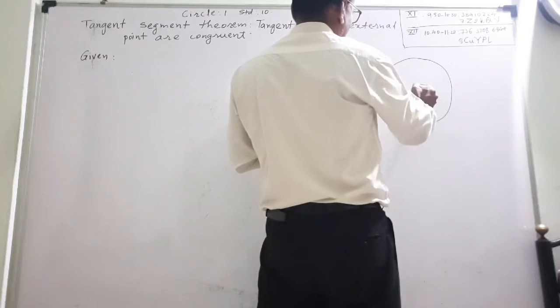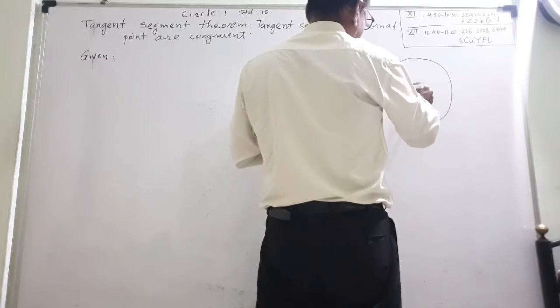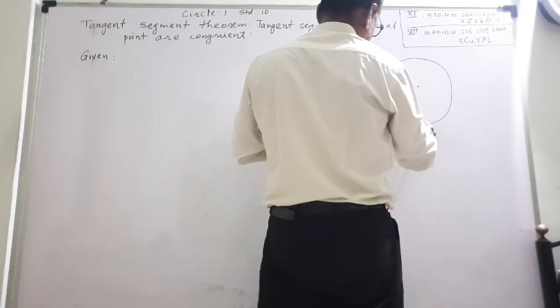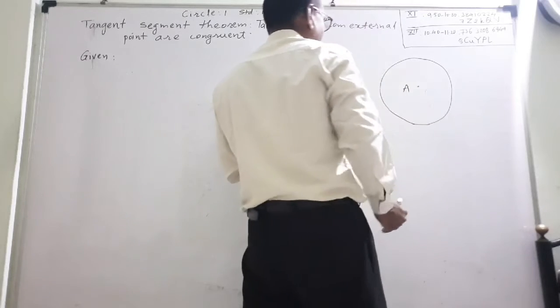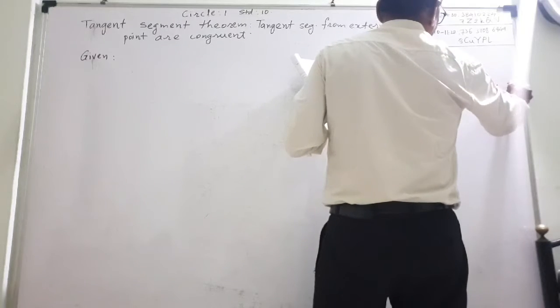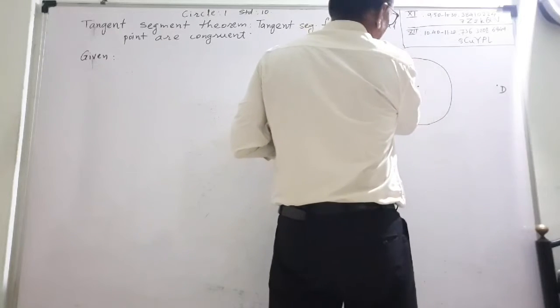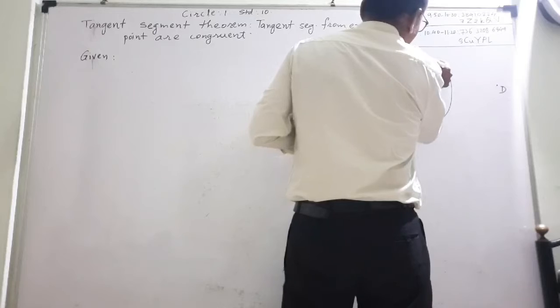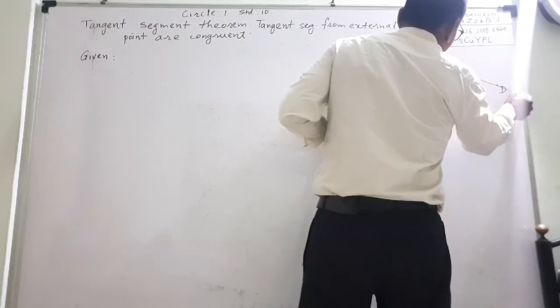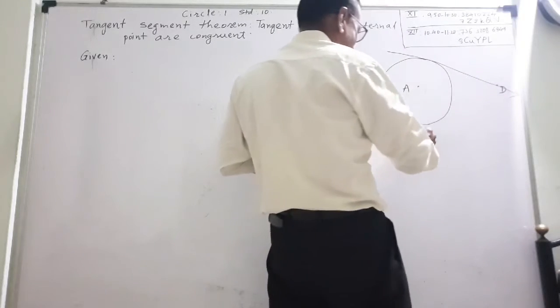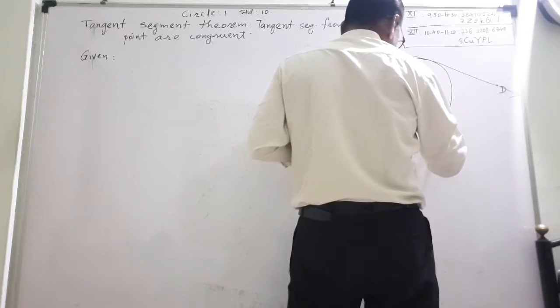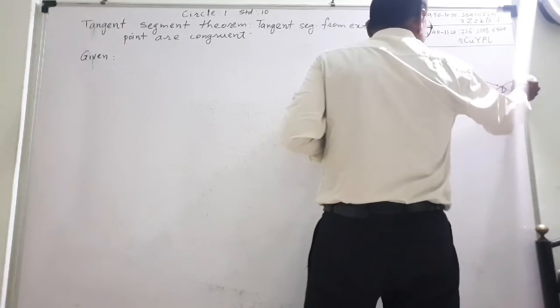This is a circle with center A. There is a point D outside the circle, and from the point D tangents are drawn. We know that from the external point we can draw only two tangents.